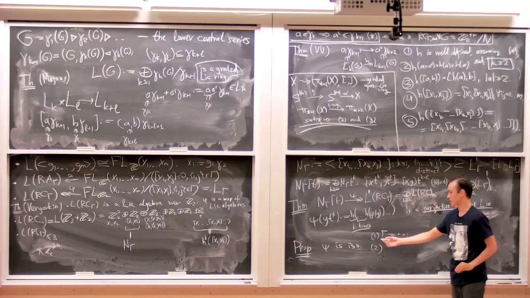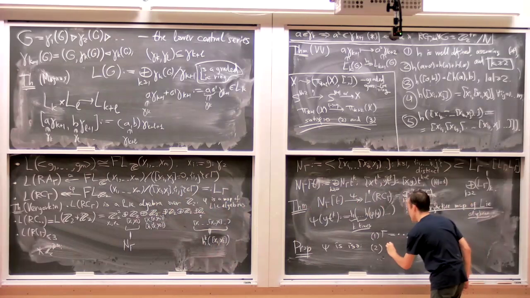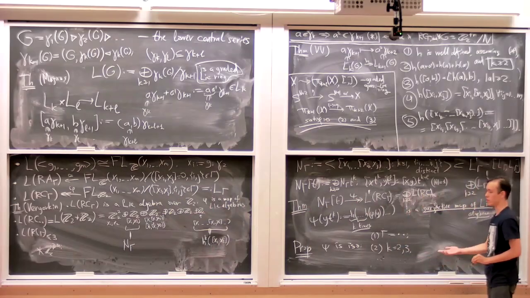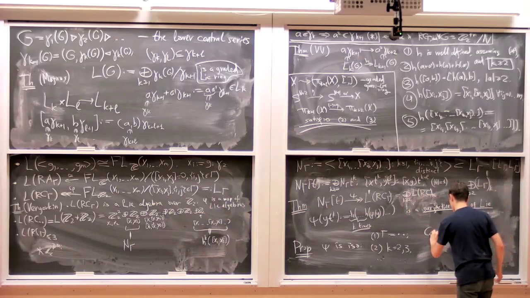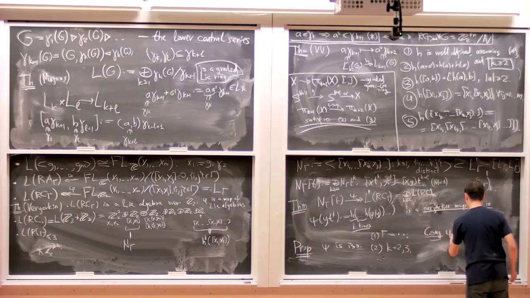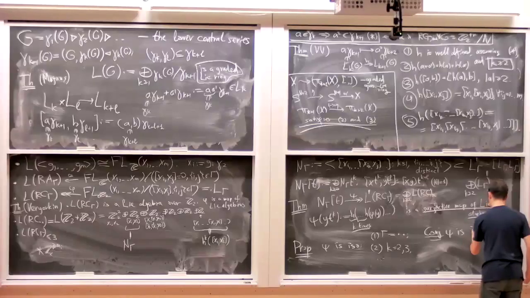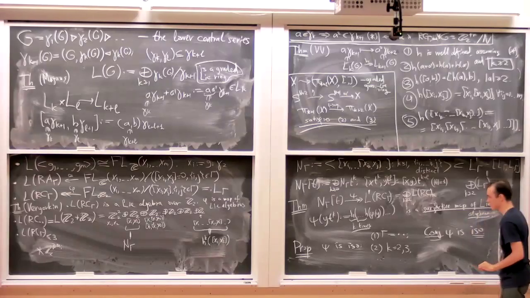So in this special case, this is an isomorphism, and also it is an isomorphism in degrees 2 and 3. So we conjecture that it is always an isomorphism. So now we at least have a conjectural description of this Lie algebra.